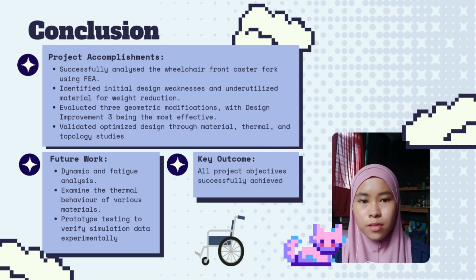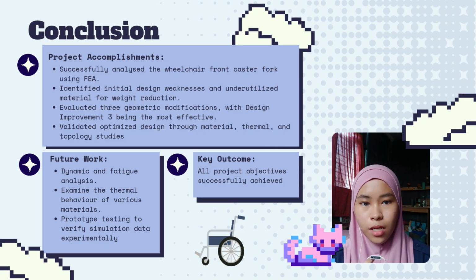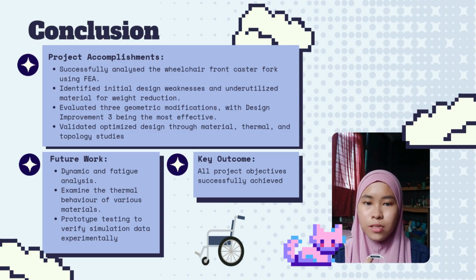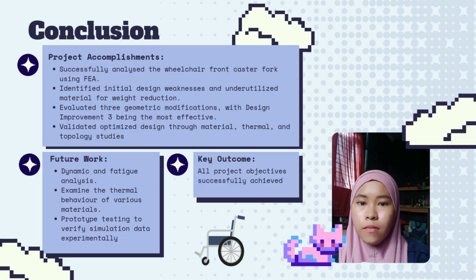From the three distinct geometry modifications we tested, design improvement 3 proved to be the most effective, significantly lowering the stress and deformation while increasing the factor of safety. We further validated this optimized design through additional analysis including material type changes, thermal stress evaluation, and topology optimization. Overall, all the objectives set for this project have been successfully accomplished.